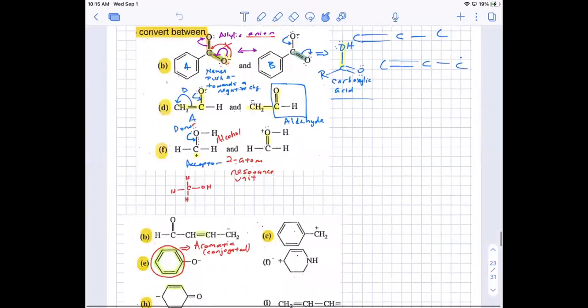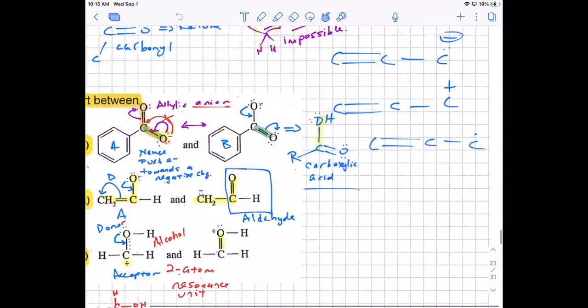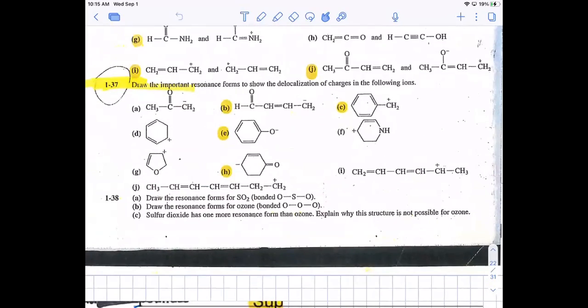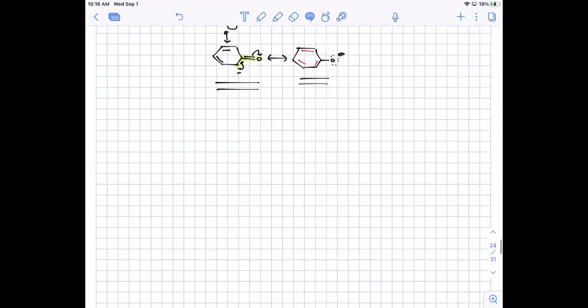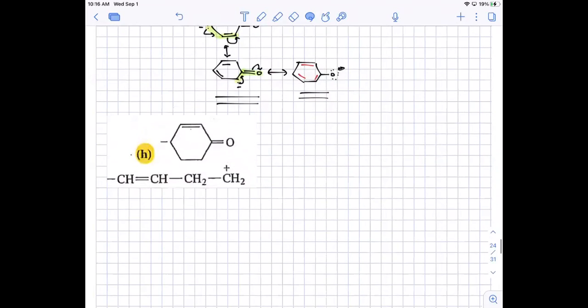All right, let's do one more of those. Let's do H, and I'm going to make this one that you do yourself. So let's do H. All right, so H, let me crop this right quick, sorry.